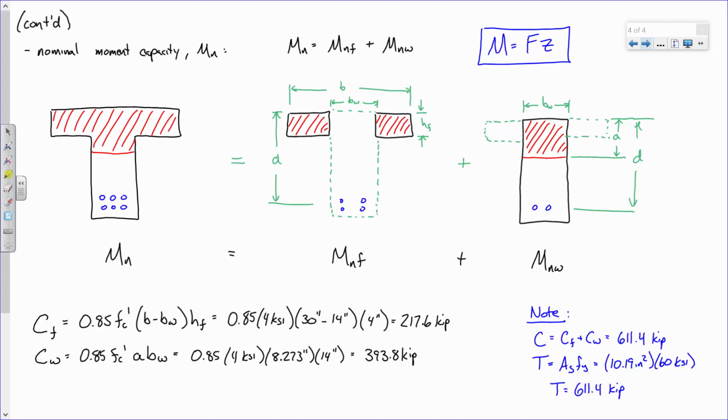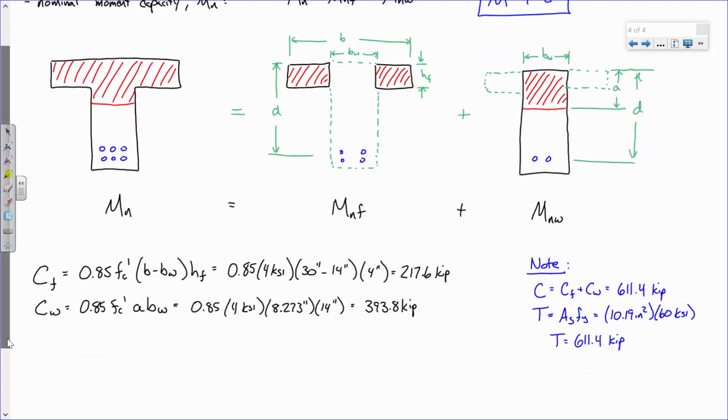Now, this only gets us half the way there. Those are the forces, but we need the moment arms, okay? So let's see if we can derive a moment arm for the flange couple and for the web couple. How far is it symbolically from the center of this steel to the center of that compressive force for the flange couple?